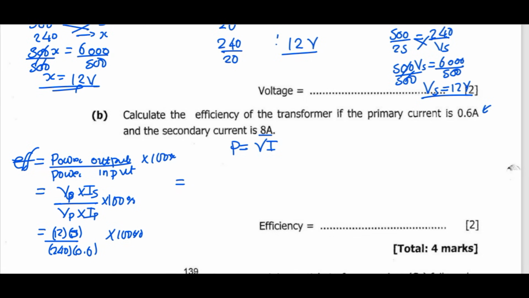So 12 multiplied by 8, I'm getting 96 over 240 times 0.6, I'm getting 144 times 100%. So 96 divided by 144, 0.6666667 times 100%, which is giving us 67, if we round it off, percent.